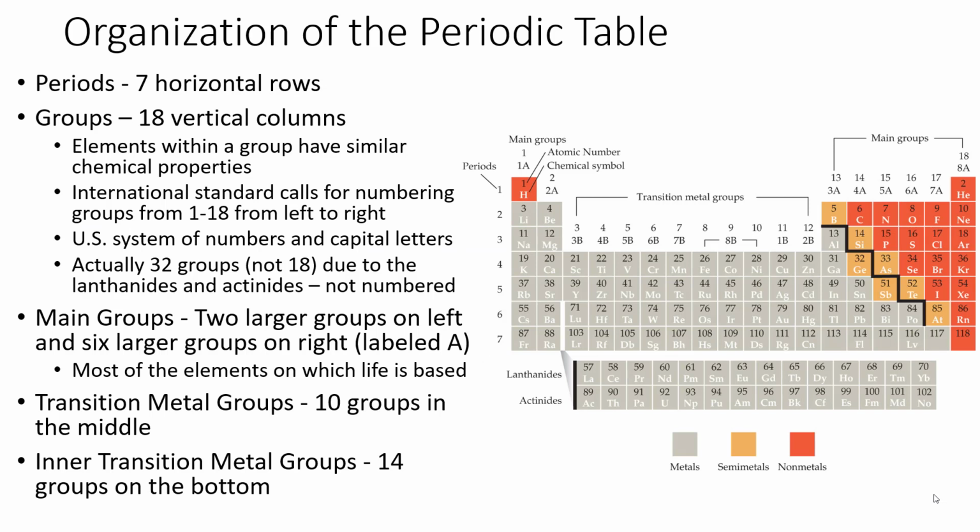So we now have our modern periodic table of elements. This periodic table, which is shown here, is organized in a very logical laid out fashion. There are 7 horizontal rows: 1, 2, 3, 4, 5, 6, 7.